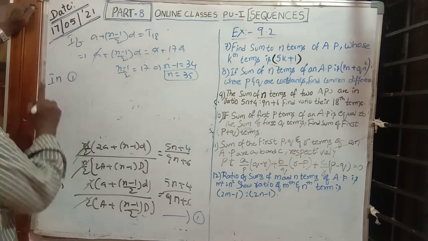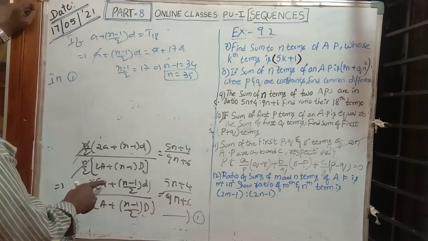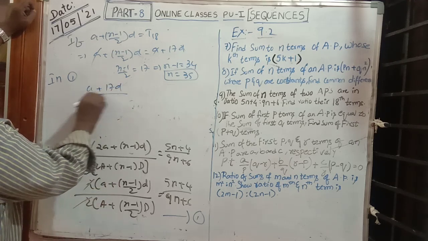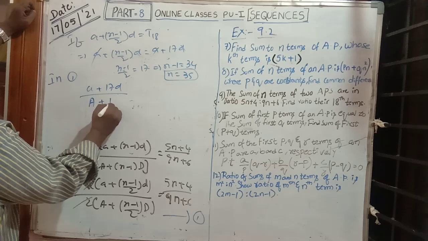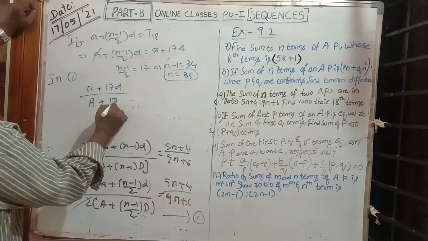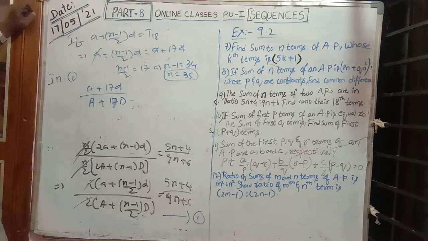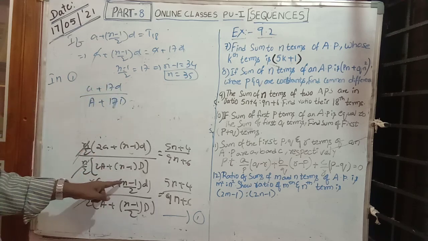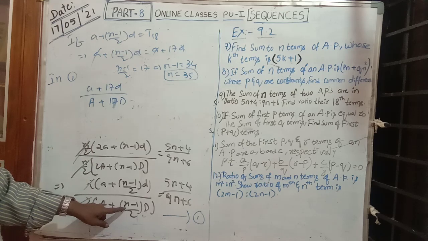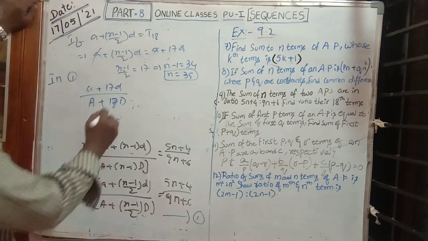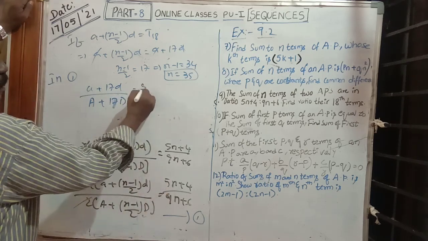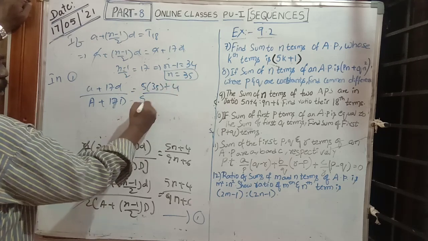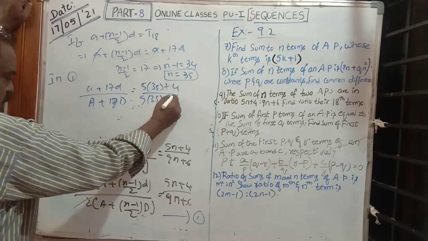So here in 1 we substitute. If you substitute it, it is A plus 17D, this is capital A plus 17D only, capital D only. Don't forget, n is 35. 35 minus 1, 34 by 2 is 17. Here also 34 by 2 is 17. It is (5 into 35 plus 4) by (9 into 35 plus 6).